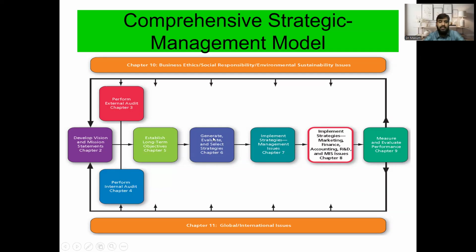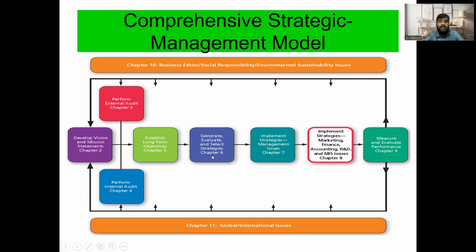We have discussed different matrices. For example, the internal factors evaluation matrix that we did in chapter 4, the external factors evaluation matrix done in chapter 3, and the competitive profile matrix done in chapter 4.